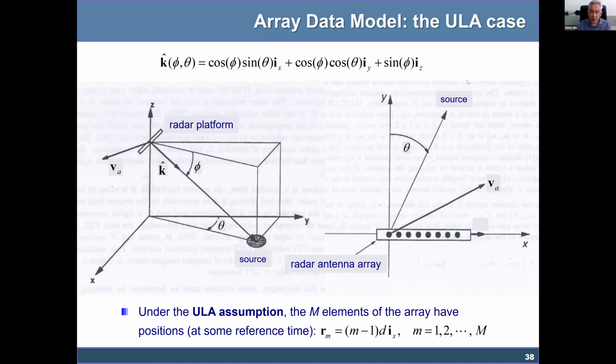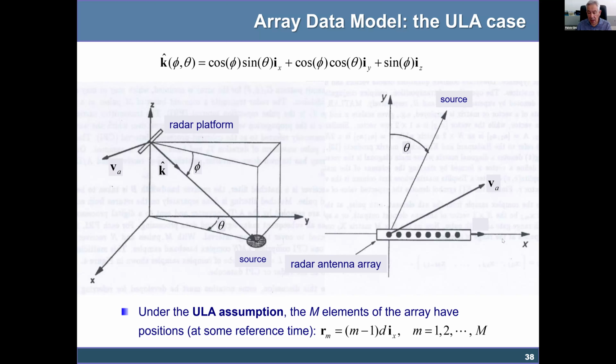The source is in this direction, so the azimuth is the angle between the vector k hat that points in this direction and the vertical to the array, which is the direction y. So the azimuth, by definition, is the angle between the vertical to the array and the propagation direction.